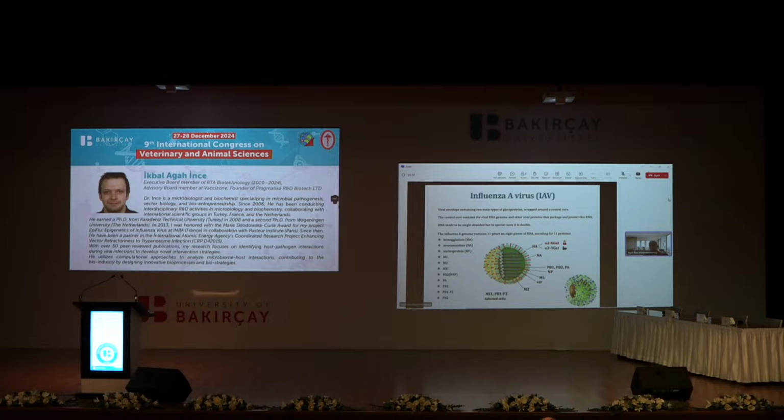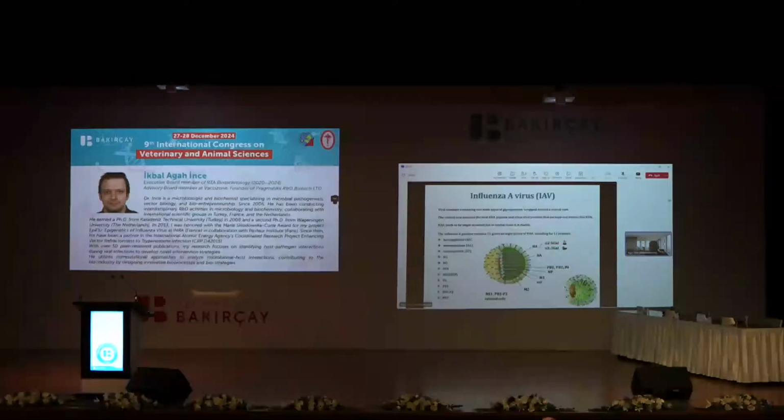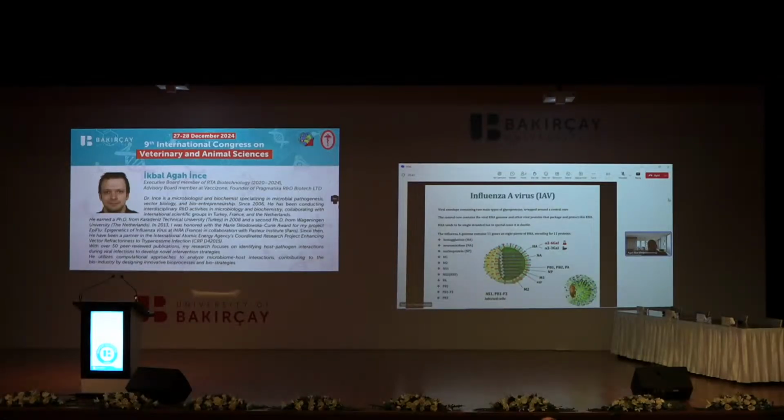But for a virus, this is not very complex. There are 11 genes and 11 proteins, and you can manipulate all these proteins by PCR, which is nowadays an everywhere available technology, and this can be produced in any in vitro system, any cell that can grow this virus somewhat.